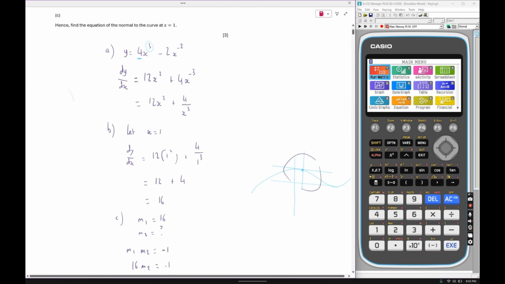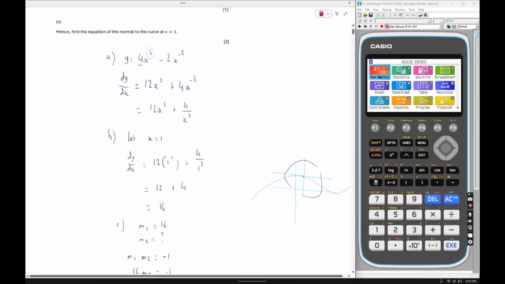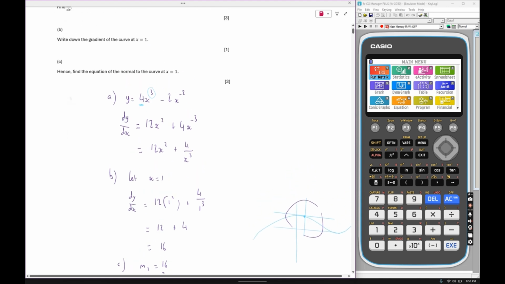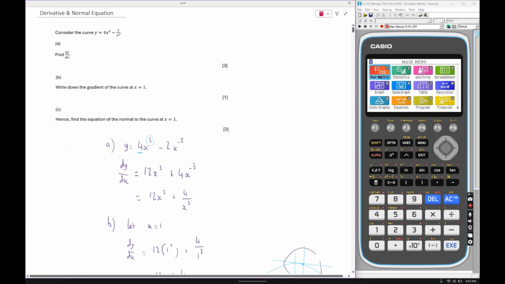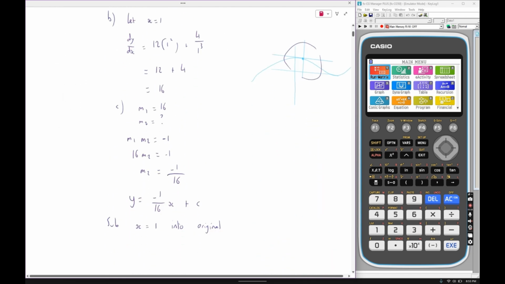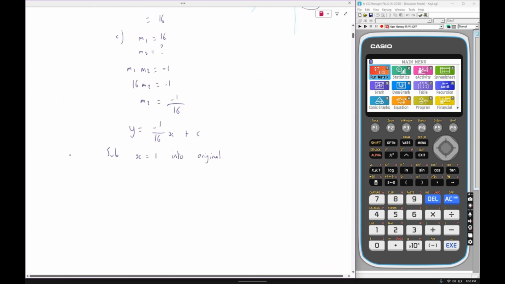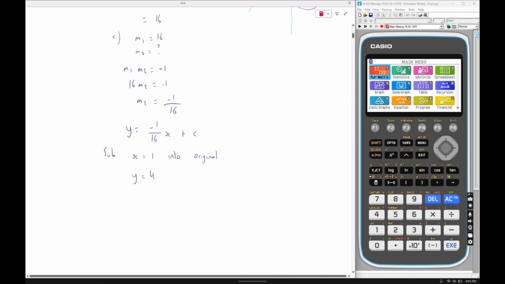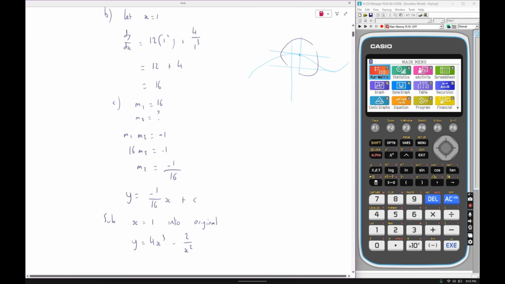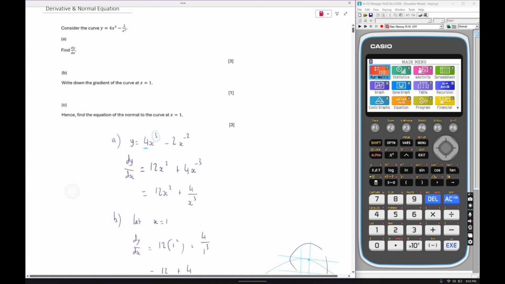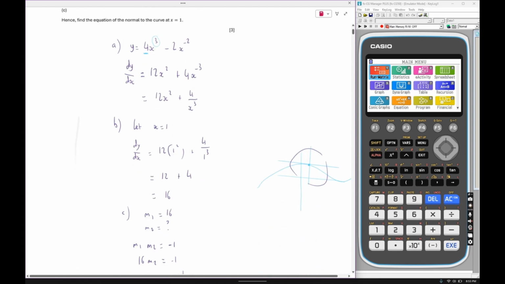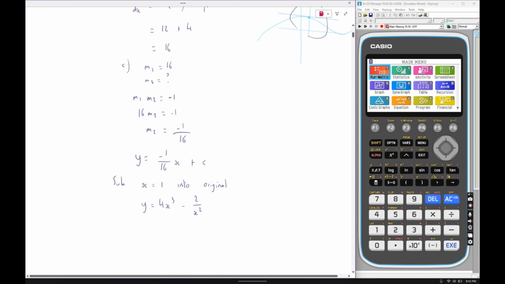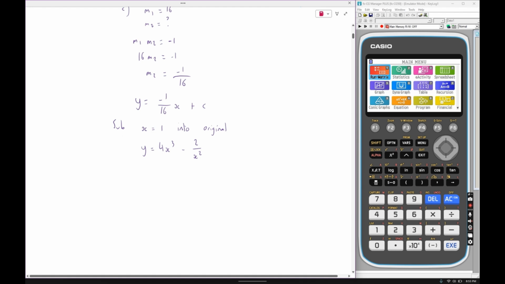So if we remember, my original equation was y equals 4x cubed minus 2 over x squared. So I'll just rewrite that. We've got y equals 4x cubed minus 2 over x squared. Let me just check I've written that correctly. Yes. Okay, now let's let x equal 1.